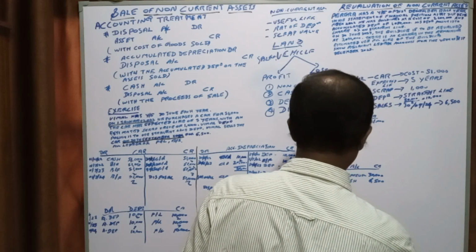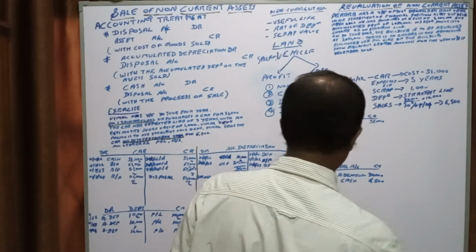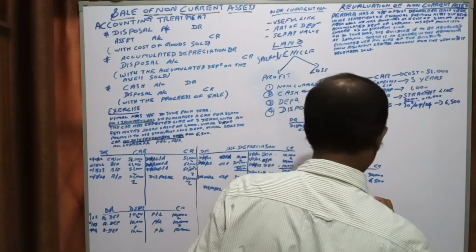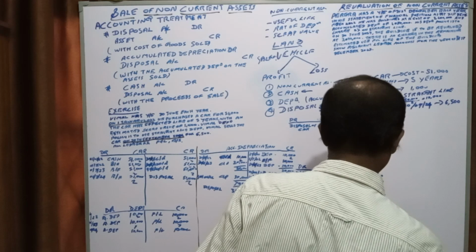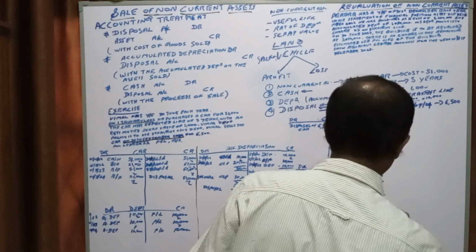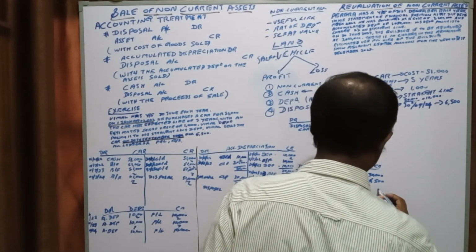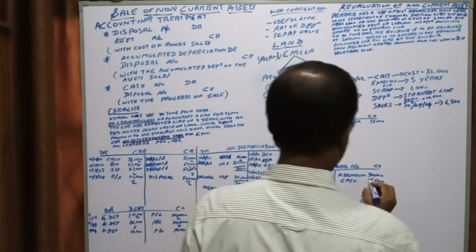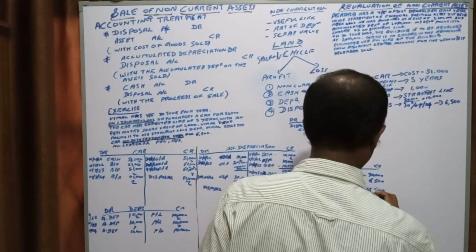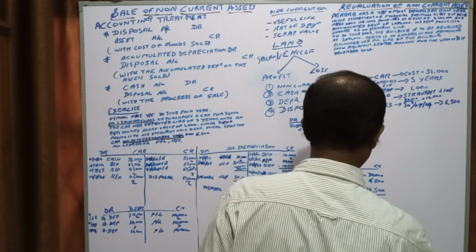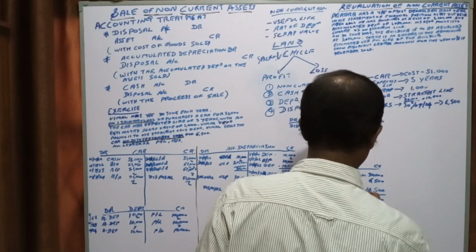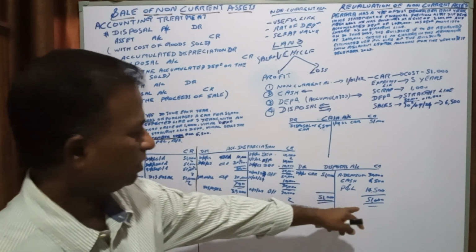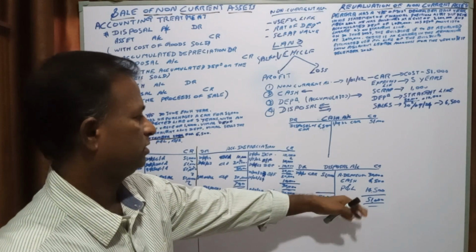So here the disposal account, the greater side is 51,000, right? 51,000. The balancing amount 14,500 goes to profit and loss account, right? Profit and loss account debited. This is the credit.